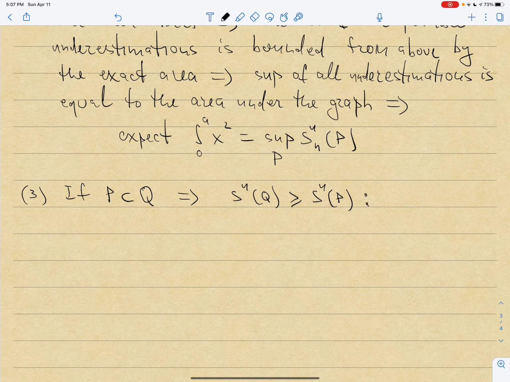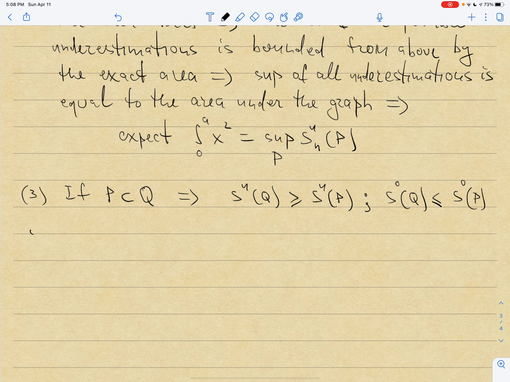And likewise, if I compare overestimations using Q to overestimations using points from P, then the better overestimation is a smaller overestimation. So this should be true. As I'm refining a partition, overestimation goes down and underestimation goes up.